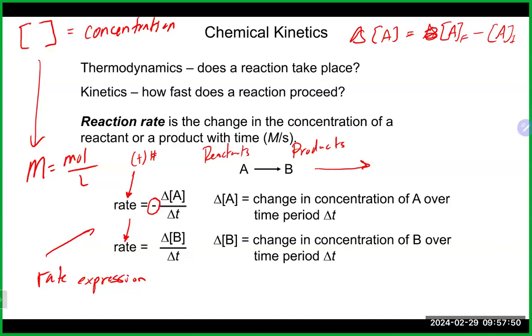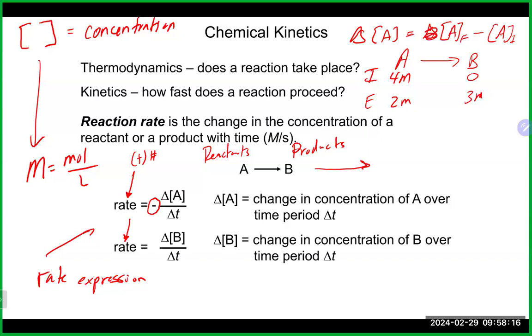And this is why our negatives are where they are in these expressions. If we take a look at this reaction and just make up some concentrations, let's say initially we had 4 molar of this guy and nothing of this guy. And at the end, we had 2 molar of this guy and 3 molar of this guy.